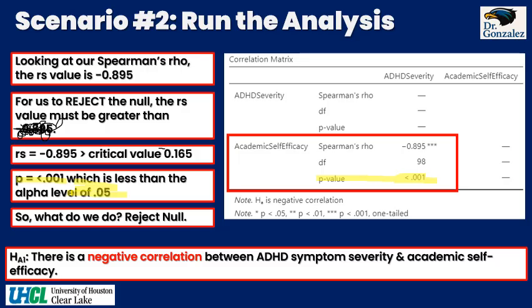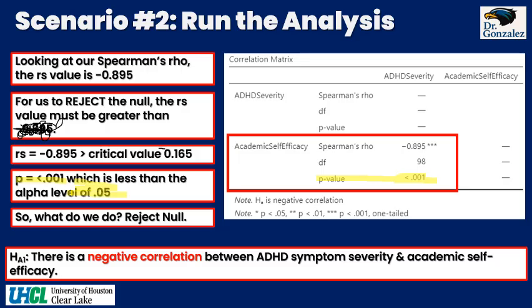So as your symptom severity increases, your views of being a self-efficacious person would decrease. Okay, I know that's hard to kind of get, but your thoughts about yourself being an efficient and good academic, a scholar, basically, goes down as the severity of your symptoms increases.